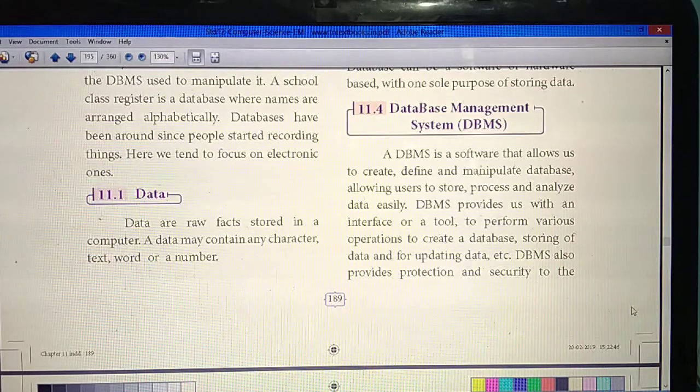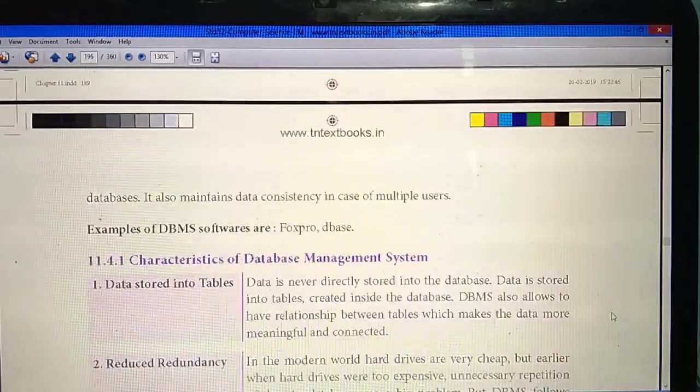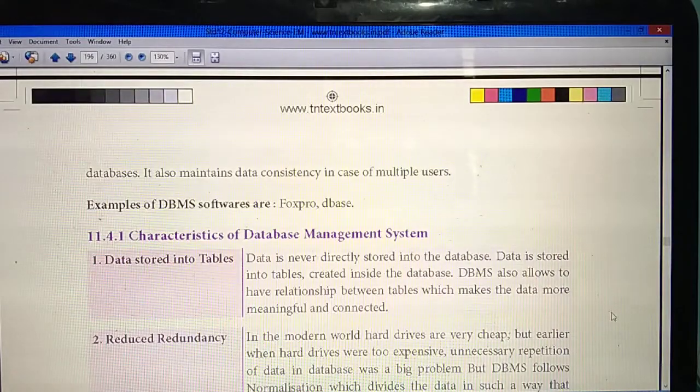Only you can access the net, and other persons are unable to. If the person knows your password, only then can they access. Why? If, for example, you have 1 GB data per day and you are not providing a password for the Wi-Fi, other persons can also use your 1 GB data, isn't it? So protection is very important. Likewise, in a database also protection and security are very important.